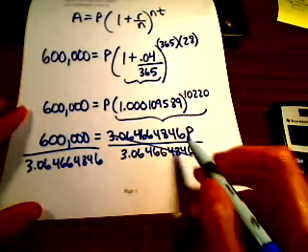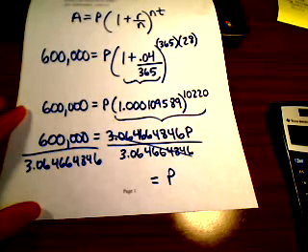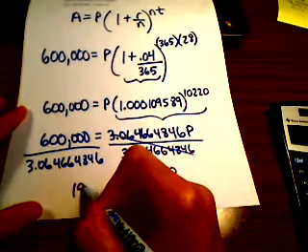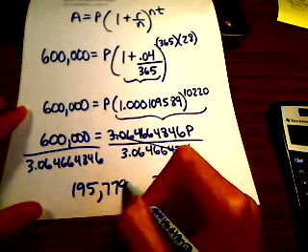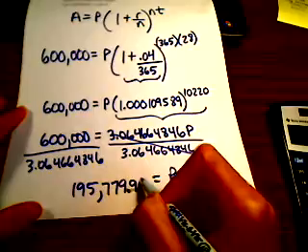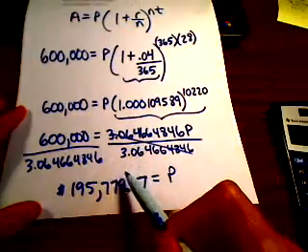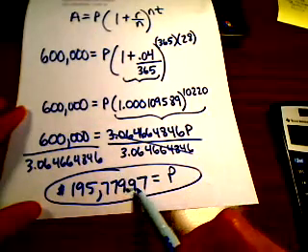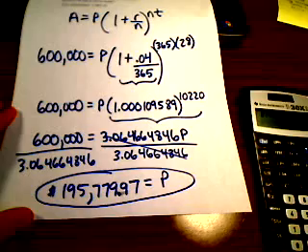Okay, so that's going to give us P equaling whatever we get there, 600,000 divided by 3.0646648446, and we get 195,779, and I'm getting 97 cents, so I must be off somewhere because their answer is a little bit, their answer is 89 cents. So let's just look and see if I made a mistake anywhere.